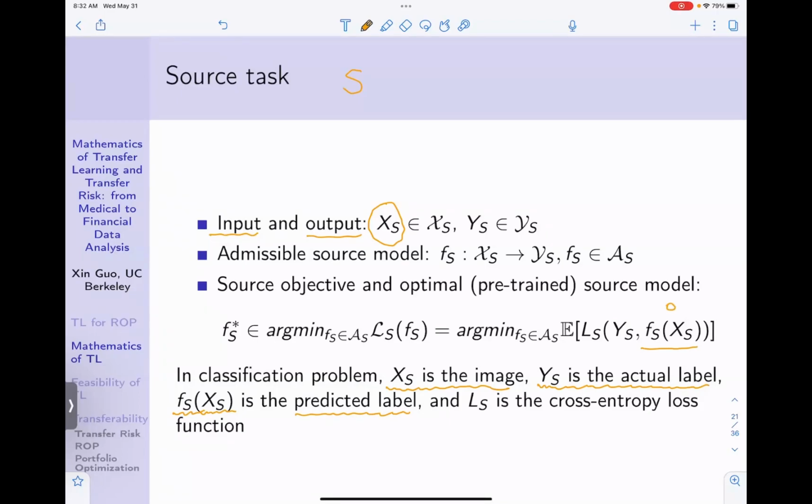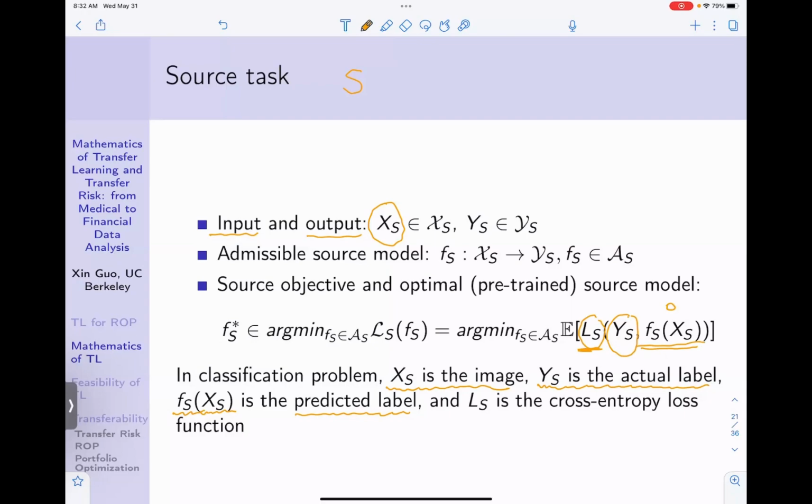Usually in this classification problem, you take a loss function, for example cross entropy, and you compare the loss between the true label, bad or good, versus your prediction.